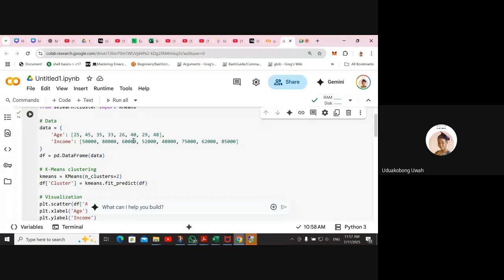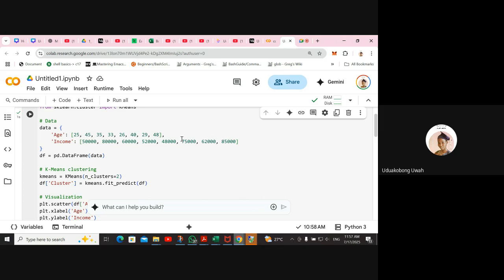All right, so this is just a simple data set which we want to cluster. It is a simple Python dictionary of keys and their values. Spending score is just a measure of how much a customer spends, and this is their related age.